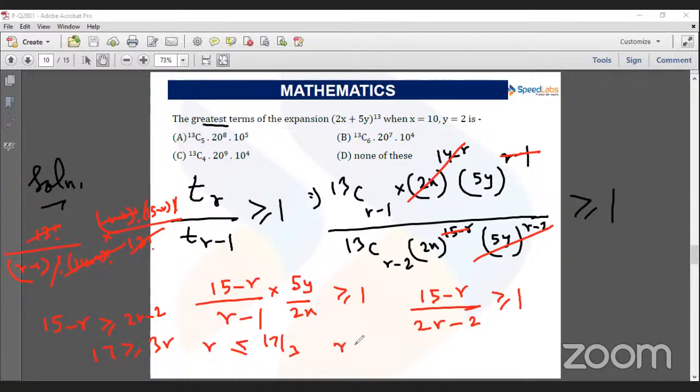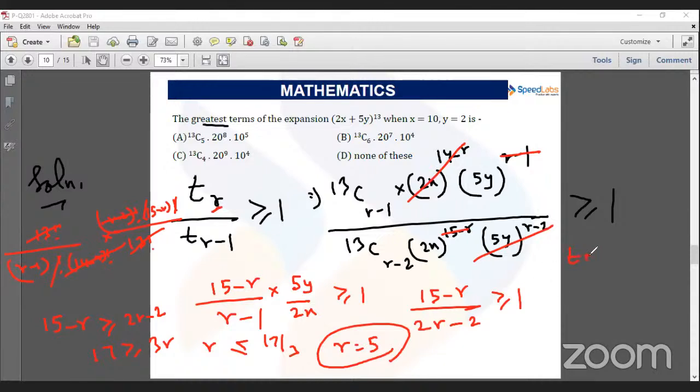So r should be less than 5 point something, 5.66 something. So r should be equal to 5. So the greatest term will be t5.